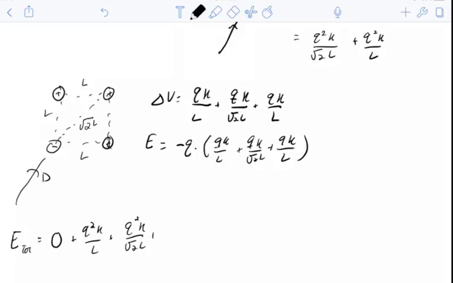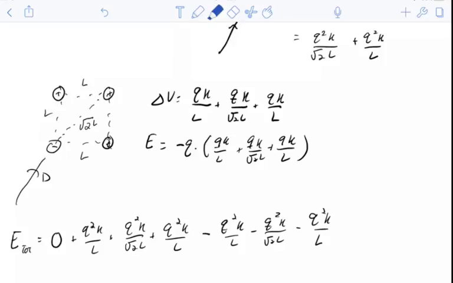And the fourth one took Q squared K over L. And the fifth one took minus Q squared K over L, minus Q squared K over square root 2L, and then minus Q squared K over L. And now you play a cancel game. Let's see, this one cancels with this one, and this one cancels this one. Whoa, the total energy to do it is 0, which is bonkers.